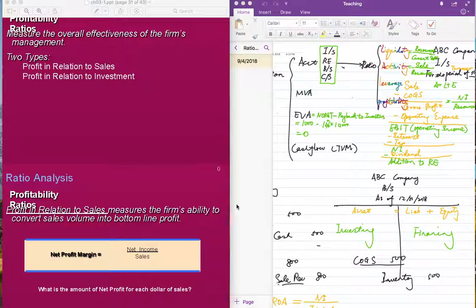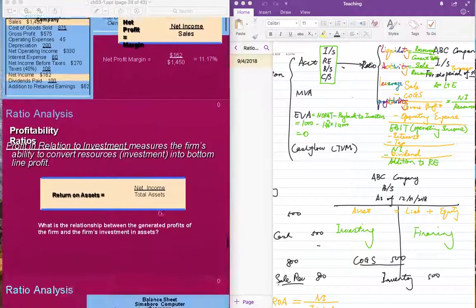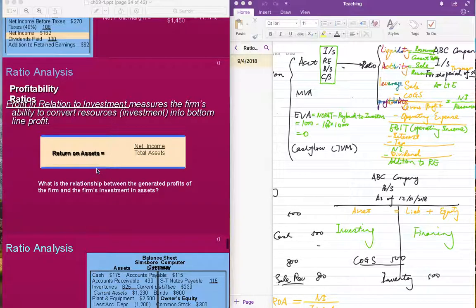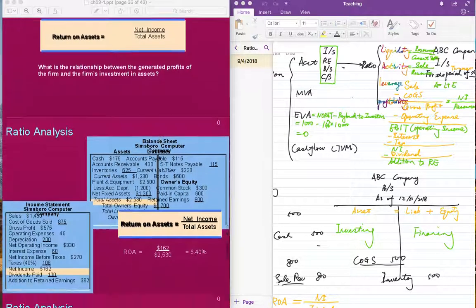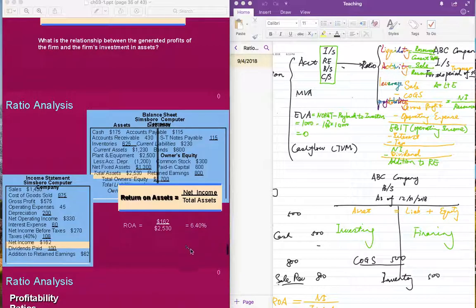For instance, let me give you an example. What is return on assets? Net income divided by total assets. So for this firm it is 6.40. So 6.4% of their total assets generated net income.